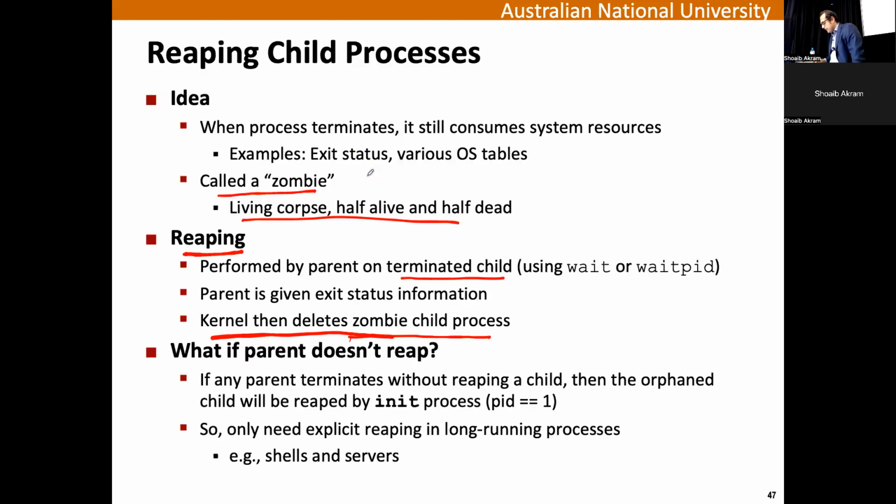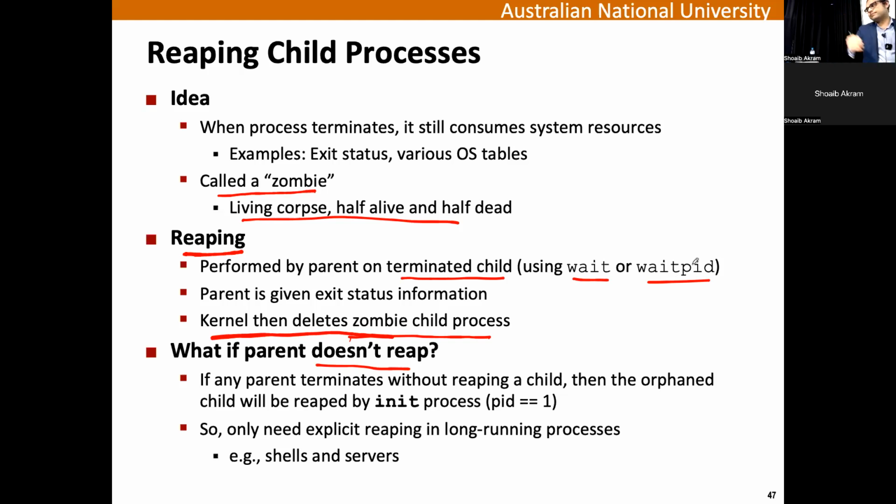Now, if a parent does not reap a child, we'll see in a little bit how the parent process can reap a child. It's done through the wait or waitpid system calls. These system calls make sure that the parent, after creating the child process, actually waited for the child process to finish, and then did whatever the parent wanted to do.